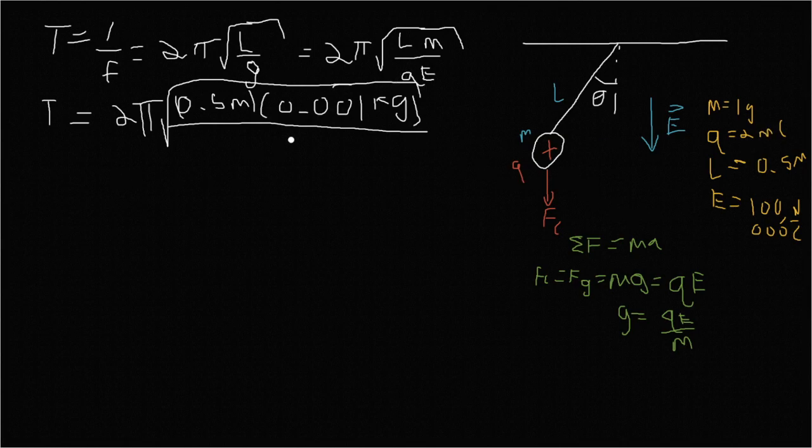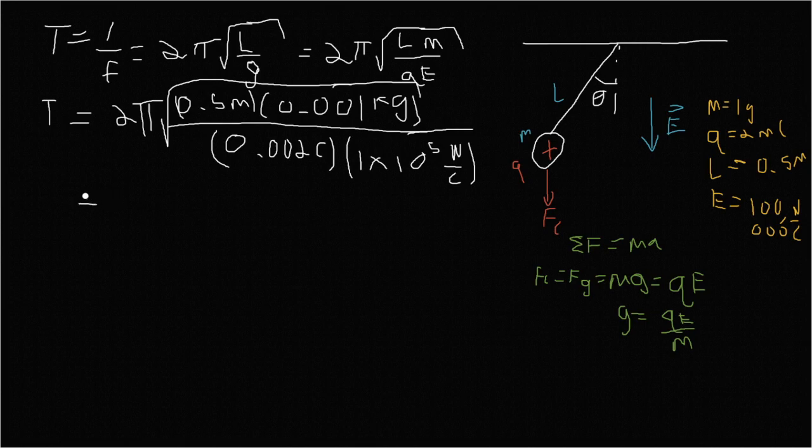Q is 2 millicoulombs, so we're going to say 0.002 coulombs, times the electric field, which is 1 times 10 to the 5 newtons per coulomb.